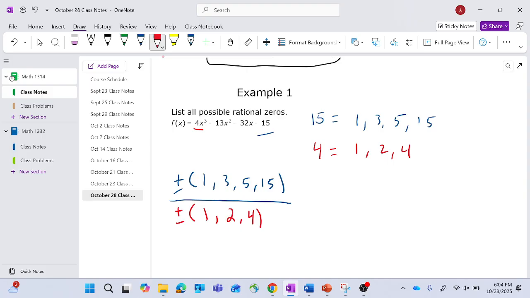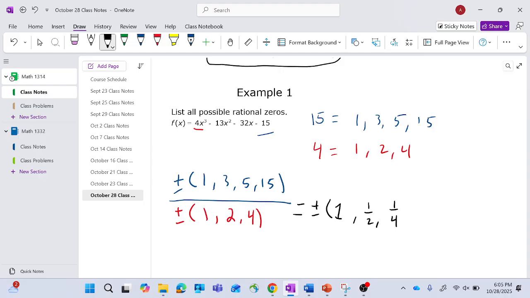All my possible rational zeros will be plus or minus 1, 3, 5, 15, all over plus or minus 1, 2, 4. And for my final answer, what I'm going to do is put a plus or minus and start mixing and matching all these combinations. So it can be 1 over 1, which is 1, 1 over 2, which is 1/2, 1 over 4, which is 1/4.